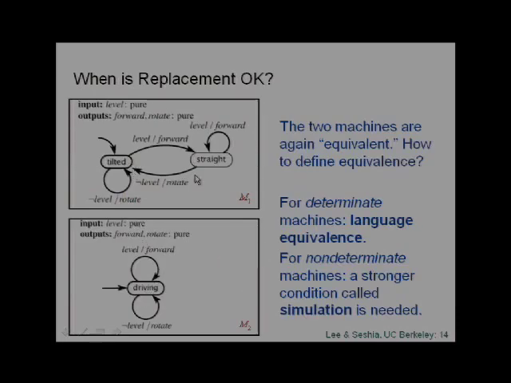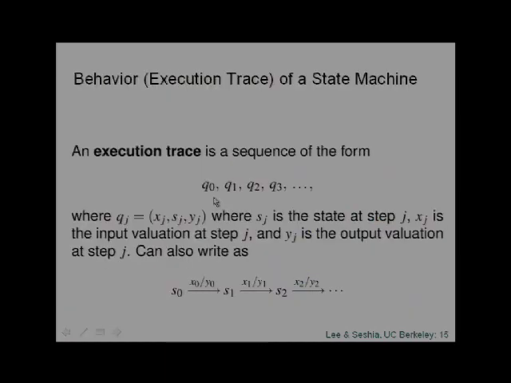So in this case, an execution trace is again a sequence of input, state, output triples, right? So that's input, state, output at step 0, and then at step 1, step 2, etc. Right? So the language L of a state machine M is simply the set of all behaviors, all execution traces that the machine can generate.